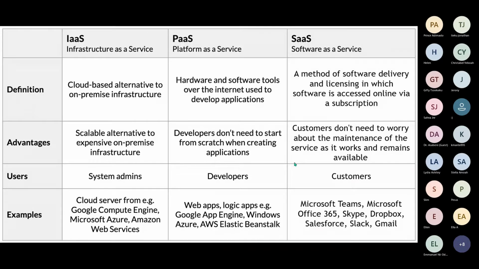Right. So with the infrastructure as a service, as we can see here, this is a cloud-based alternative to the on-premise infrastructure. On-premise means the physical or traditional infrastructure that we have in our homes. So the infrastructure as a service is more of a cloud-based alternative to this type of service, right?